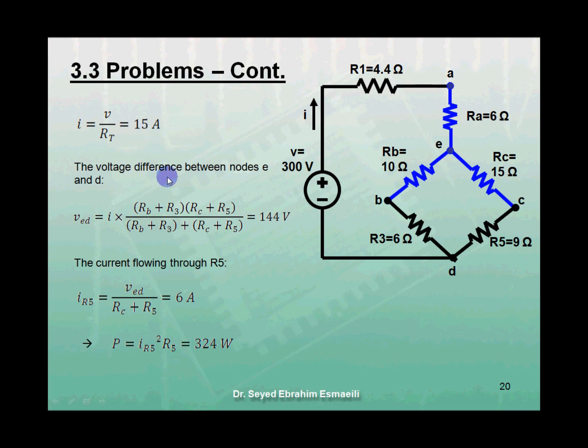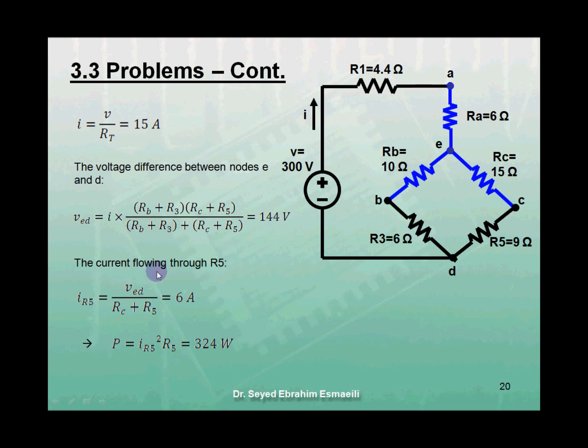In order to find the current flowing in R5, we need to find the voltage between nodes E and D, where VED equals I times the equivalent resistance between nodes E and D, which is given by RB in series with R3 in parallel with R5 in series with RC, from which VED equals 144 volts.